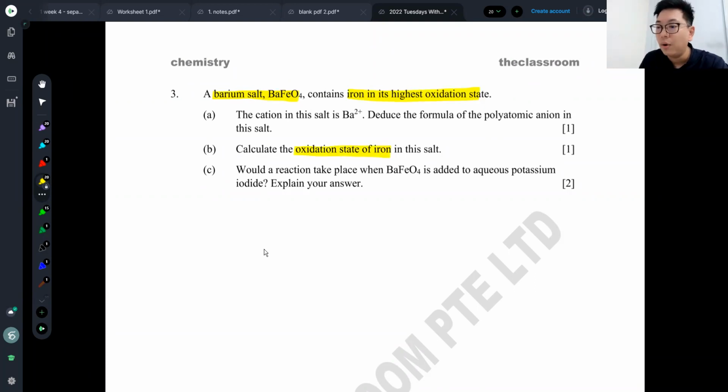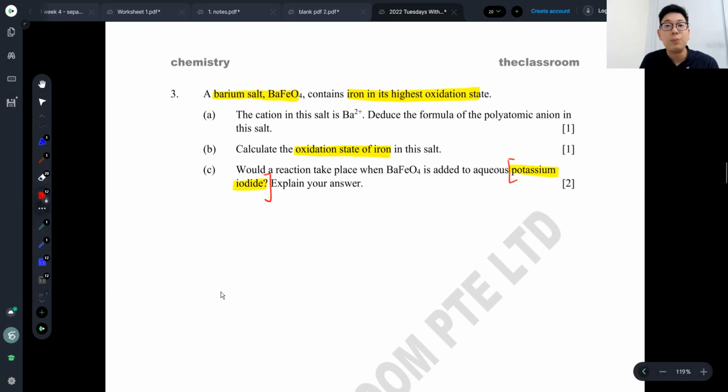And then, would a reaction take place when you place it in potassium iodide? Now, for this part, you need to know what's happening. When you see potassium iodide or potassium manganate(VII), they are basically tests for oxidizing or reducing agents.